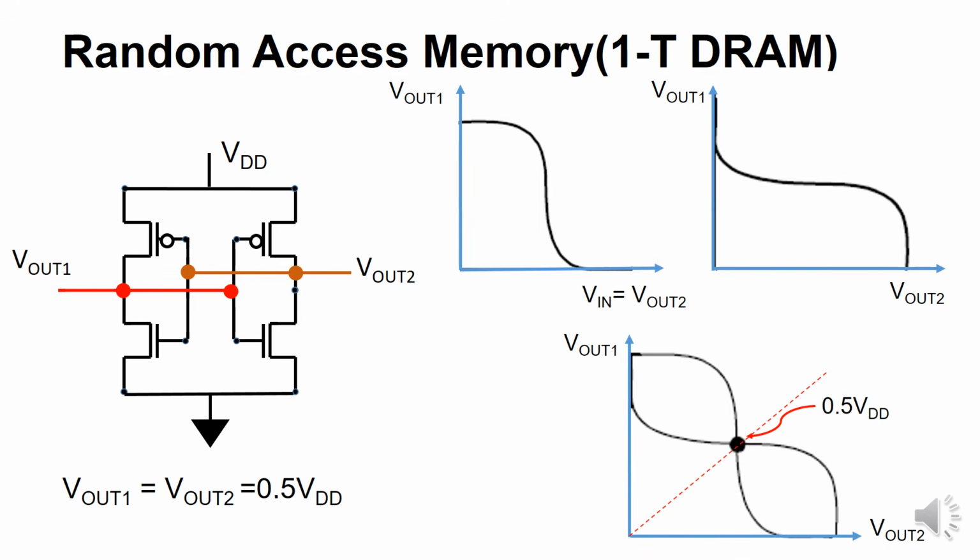As Vout2 decreases, Vout1 will further increase, and finally Vout1 is going to settle at VDD and Vout2 is going to settle at logic 0. This is a very important concept. We are going to use this to explain the non-destructive reading technique of 1T DRAM.